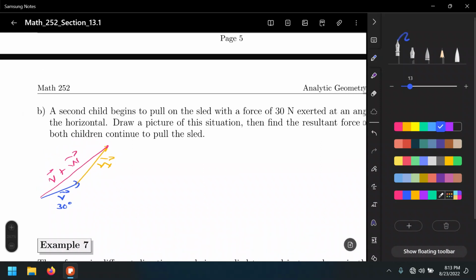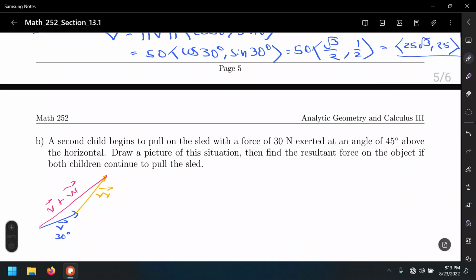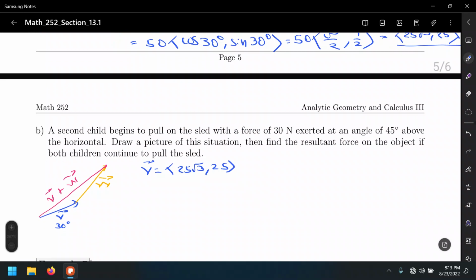Let me rewrite the vector that we got before, vector V, which is 25 root 3, comma 25, and the second vector W. Let's start with the actual notation first. It's not 30 degrees this time. Oh yes, it's 30 newtons. 30 newtons, and that's cosine 45 degrees, sine 45 degrees.